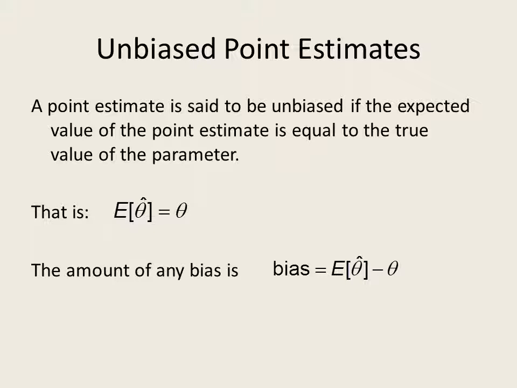The amount of any bias is defined as the expected value of our estimate minus the true population parameter. So if we have a sampling technique that has bias in it, we would have an actual difference between our expected value for the parameter and the population parameter that lies underneath it.